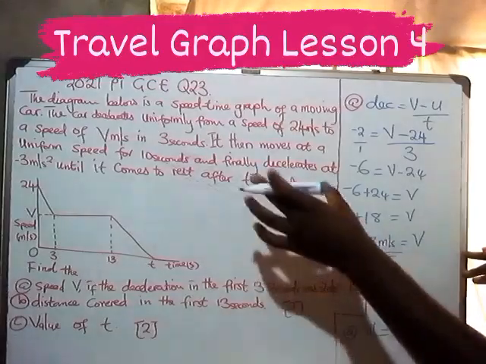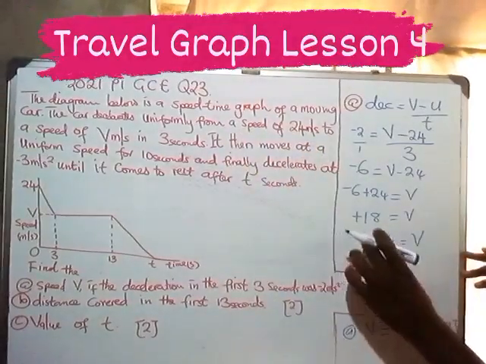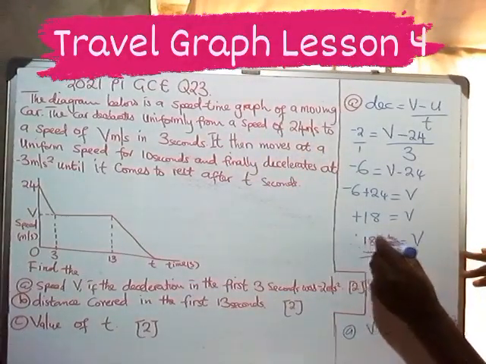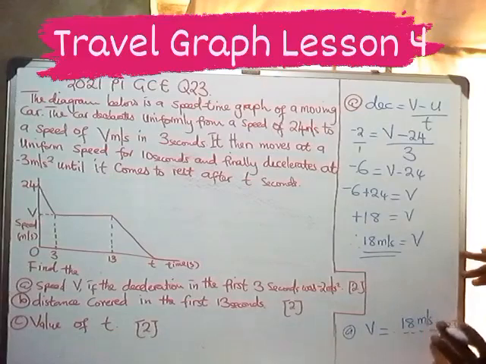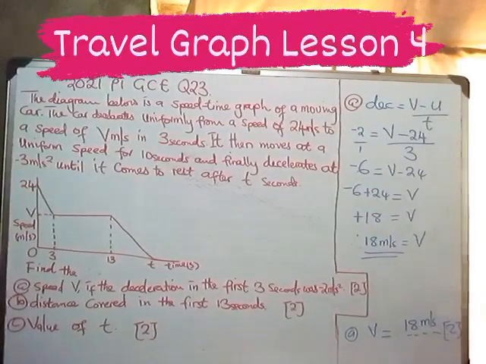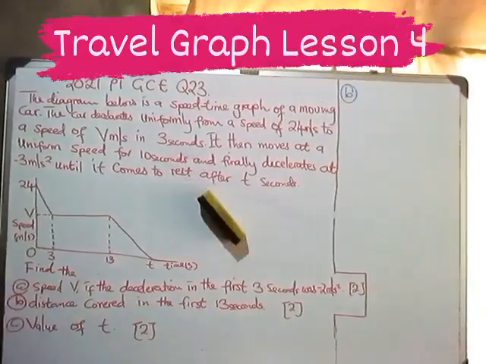So after you work it out in the given space, don't forget to write your final answer in the answer space only. Like the way I've written it, then the 2 marks will be awarded to you. So let's go to question number B. As usual, please pause this and copy the answer we have just written before you go to question number B.